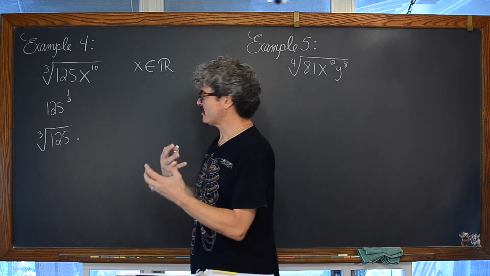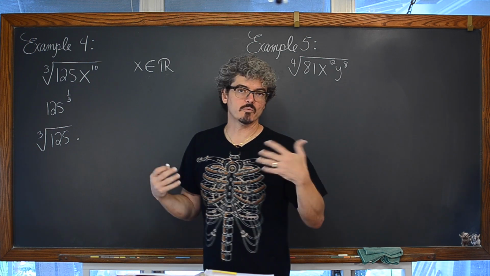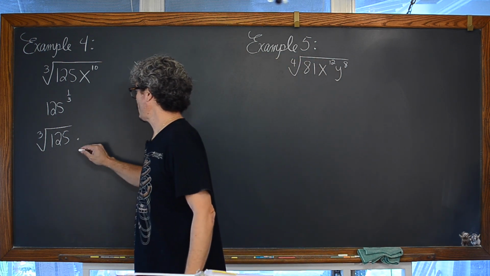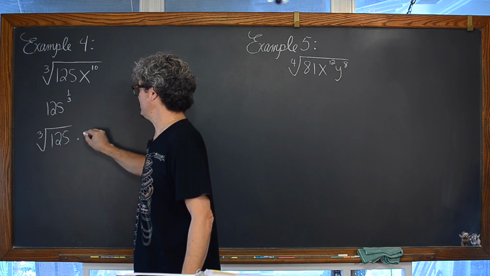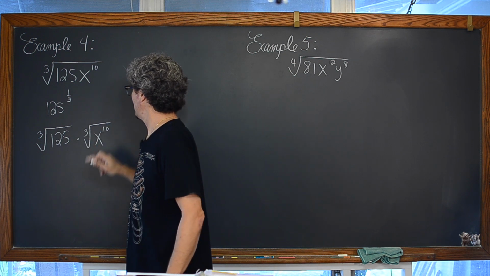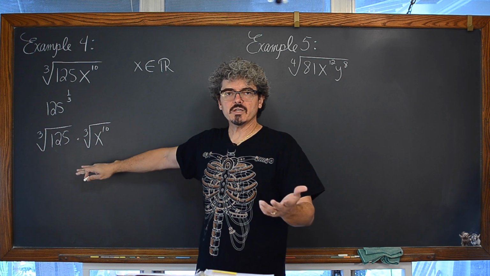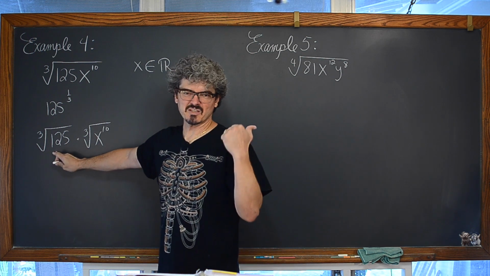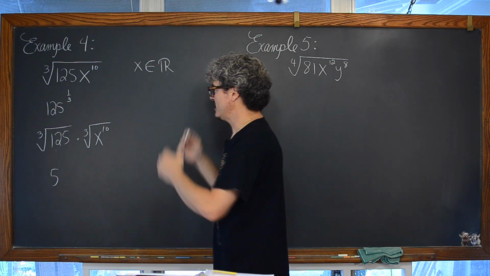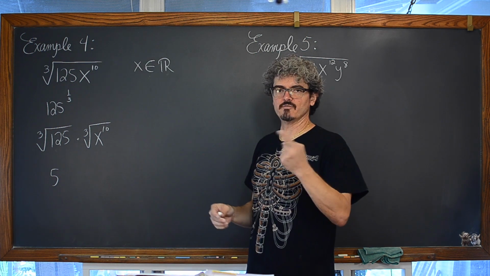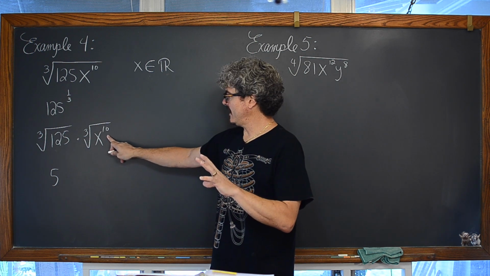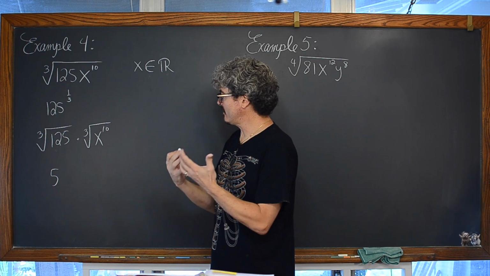Let's use the property of multiplication, which we were introduced to as a property of square roots, but it's really a property of radicals. And write this as the cube root of 125 times the cube root of x to the 10th power. Now, we should already know the cube root of 125, well, we just did in the previous example, is equal to 5, and just pop that right out. Cube root of 125 is equal to 5. 5 times 5 times 5 is 125. But here with the variable as our base, maybe it can be a little bit more complex.